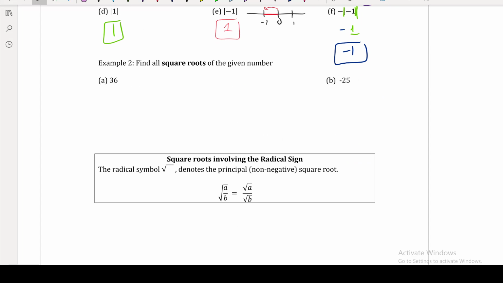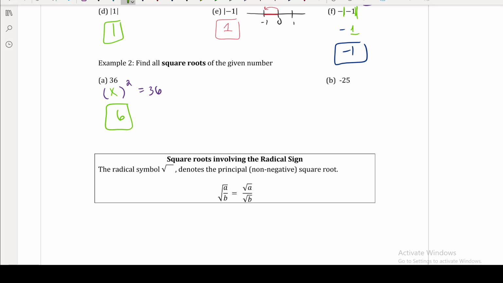Now, it says find the square roots of the given number. So if you want to find the square root, it would mostly be the principal square root. So the square root of 36. You're thinking, what is some number squared, which is going to equal 36? Well, we know that this number that's unknown would be 6.